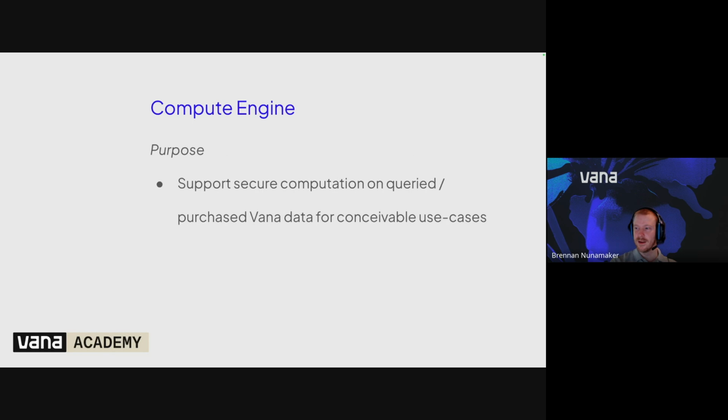Sorry, I think I got my slides switched here, but as I said, the purpose is to support secure computation on queried and purchased Vana data for ideally all conceivable use cases.